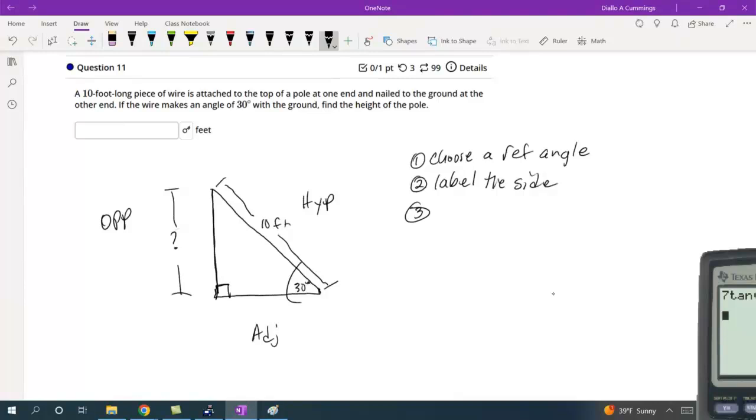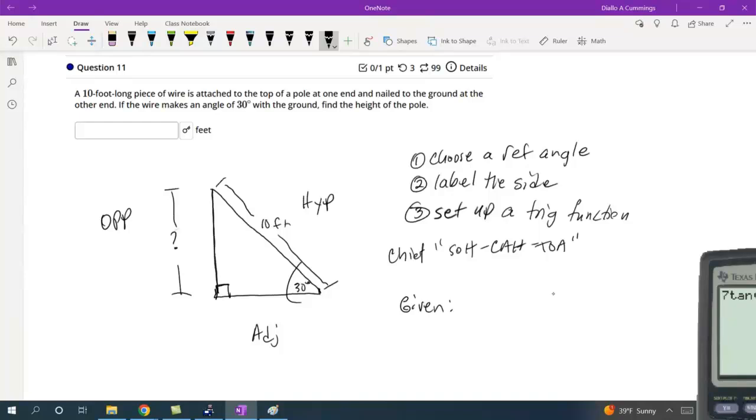So now the next thing we're going to do is set up a trig function. All right, so just remember Chief Sakatoa. All right, so let's take a look at what we're given.